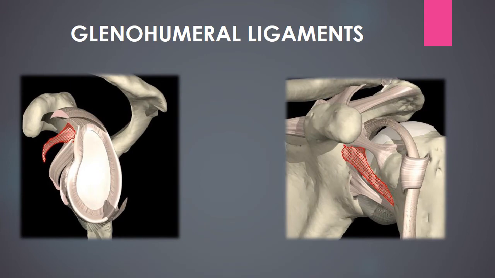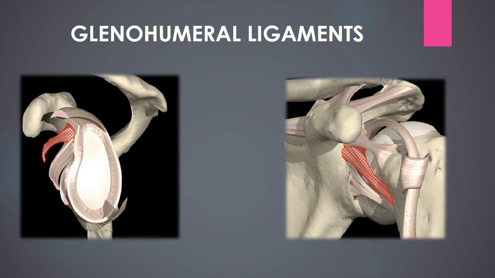Here's another series of diagrams that show the glenohumeral ligaments. This is from the lateral view. This is toward anterior here, and this is toward the posterior here. It shows the superior glenohumeral ligament, the middle glenohumeral ligament, and then the inferior glenohumeral ligament, which wraps around slightly posteriorly around the posterior inferior aspect of the glenohumeral joint.